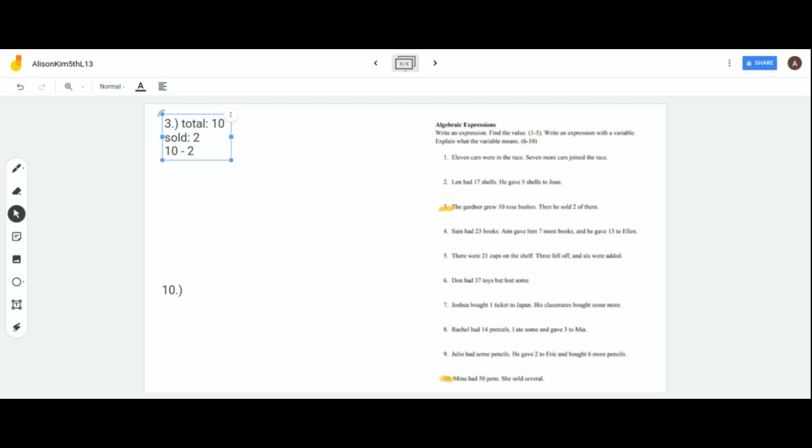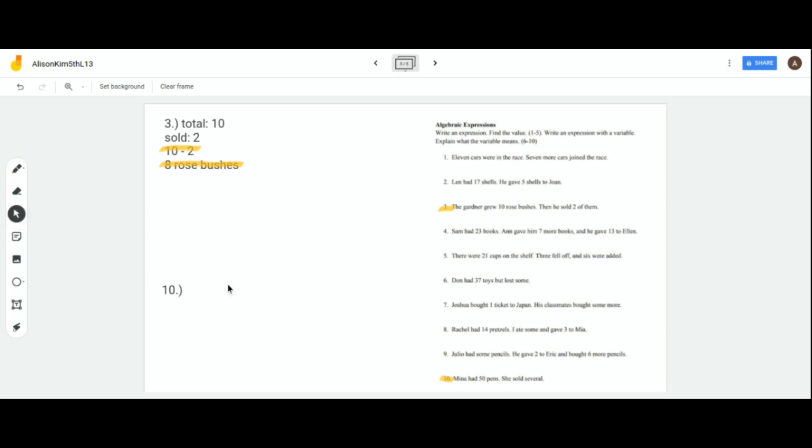And we know that 10 minus 2 is 8. So he has 8 rose bushes left. Your 2 answers for number 3 are 10 minus 2 and 8 rose bushes.